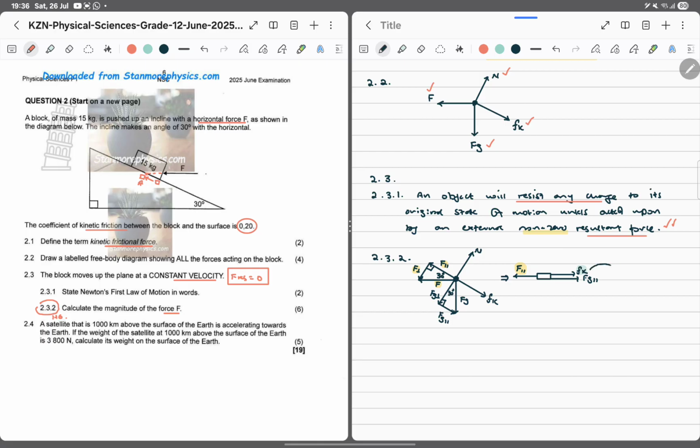So how will we determine this? Well, we need to think about our body as well. That we have two forces perpendicular to the surface. We don't know which one is bigger, which one is smaller.